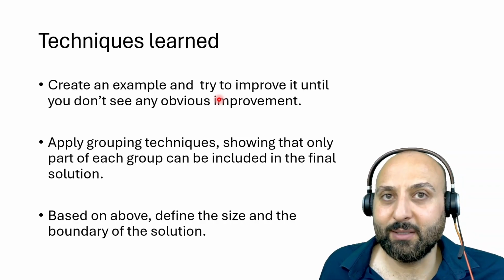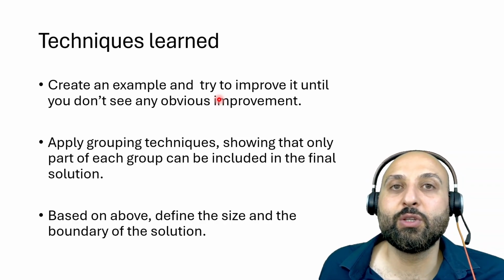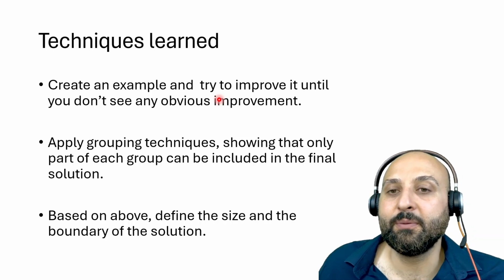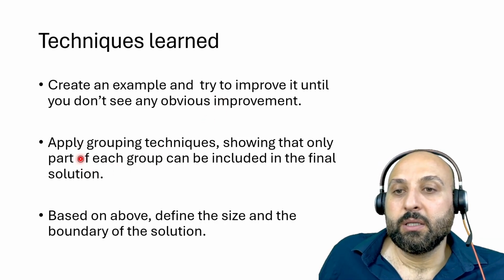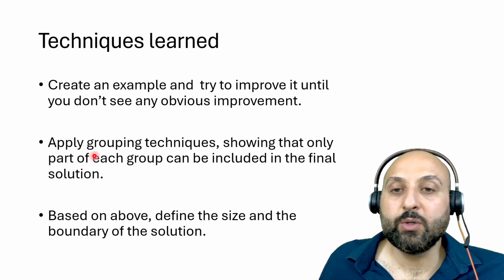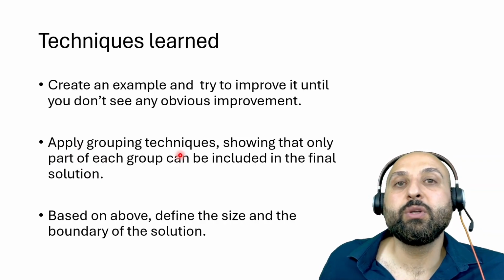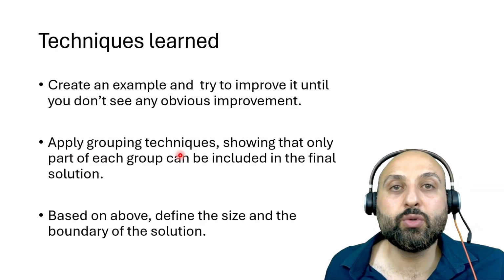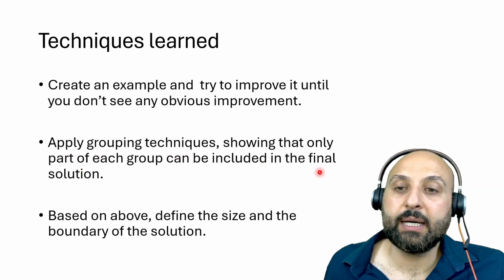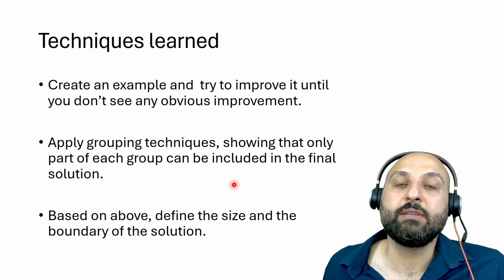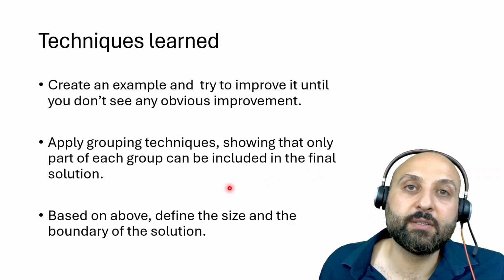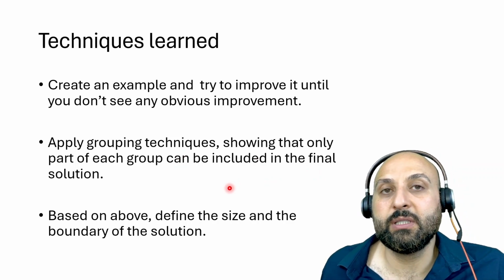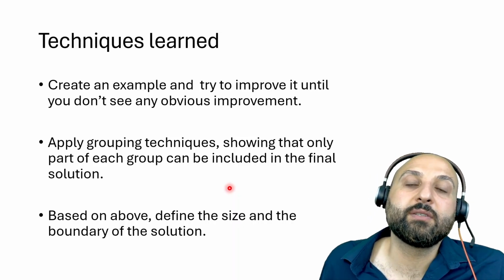So you have to mathematically prove that the solution you found is the right solution. So the second part is applying grouping techniques: show that only part of each group can be in the final solution. And based on that, you can define the boundary and the size of the final solution and use this information to answer the question.